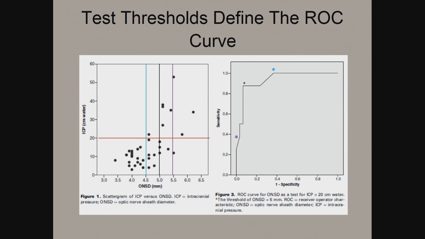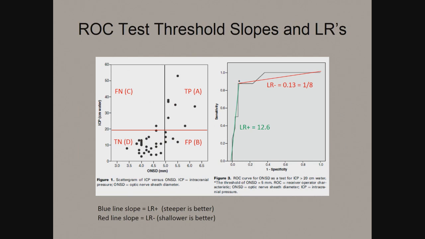More people fall to the right, more people test positive, and then that moves you up on the ROC curve to the shoulder up here. In general, in emergency medicine, we want to be up high where sensitivity is very high at the expense of specificity.